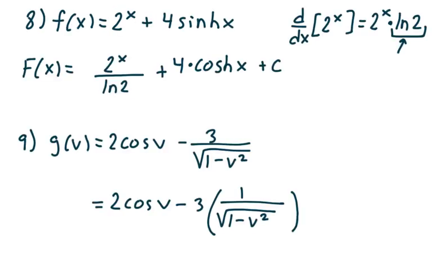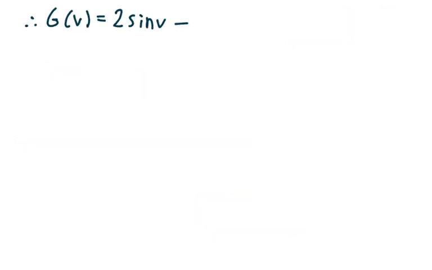So, therefore, G(v) is going to be 2 sin v. Remember that the derivative of sin v is cos v. Minus, remember the 3 carries along. So I'm going to write the 3 down, and I'm going to multiply by the inverse sine of v. And then I just add C at the end. And that's example 9.